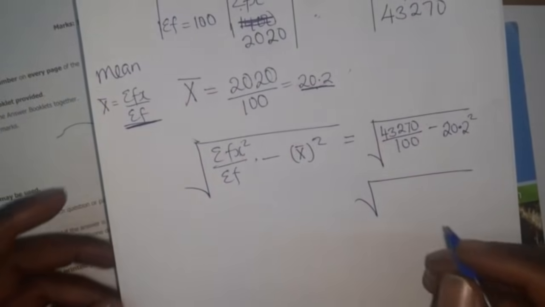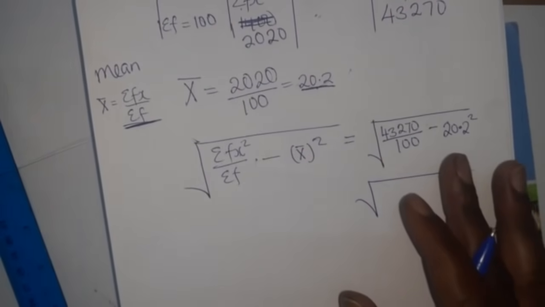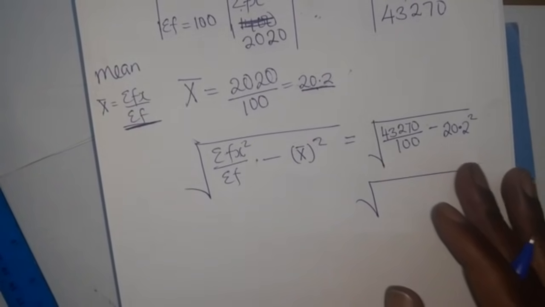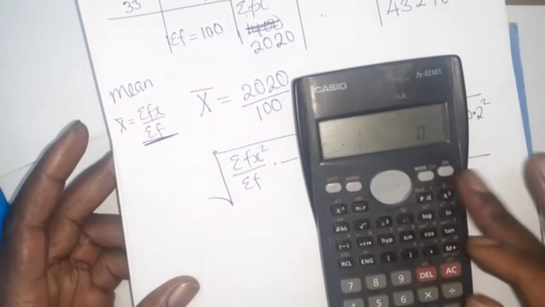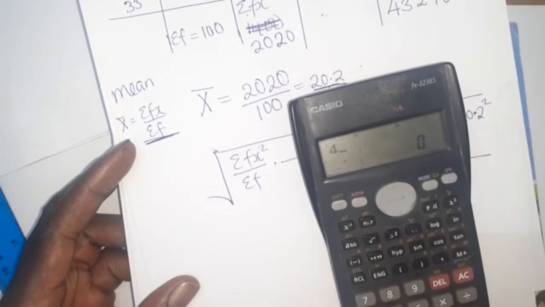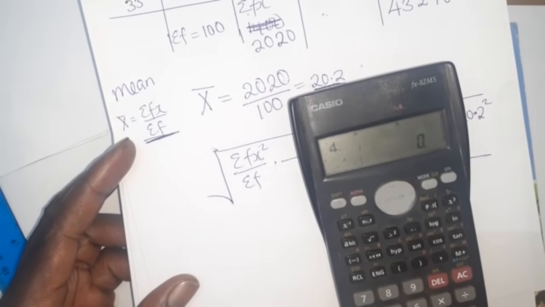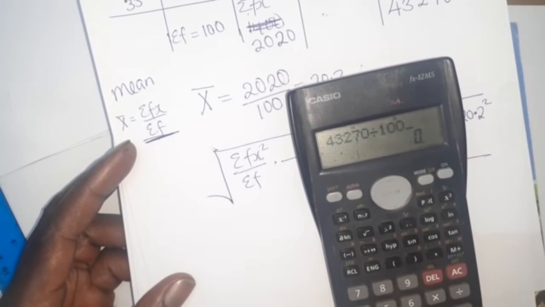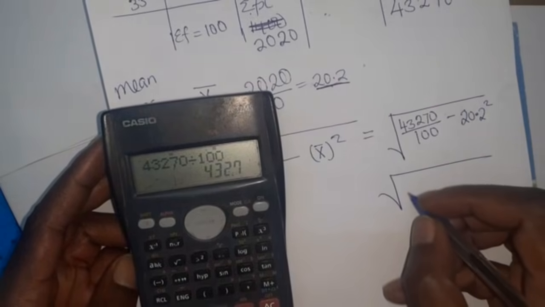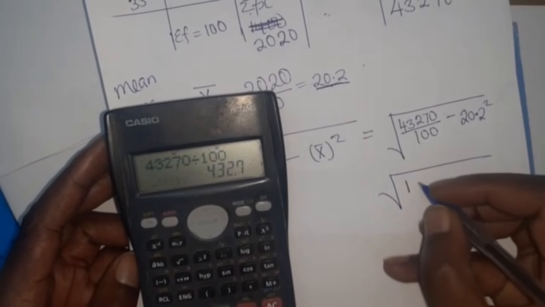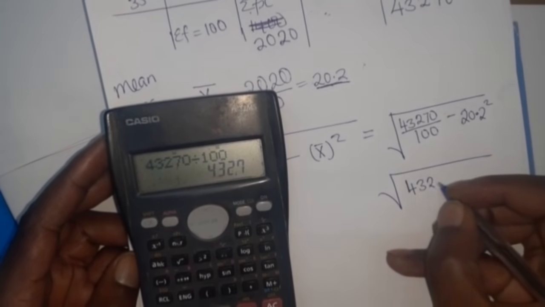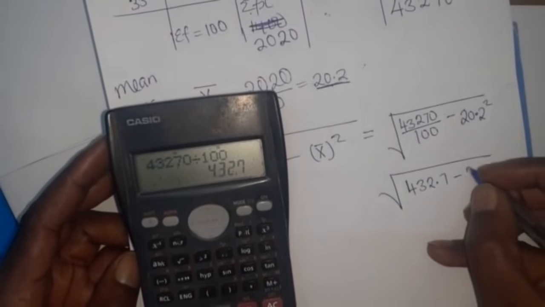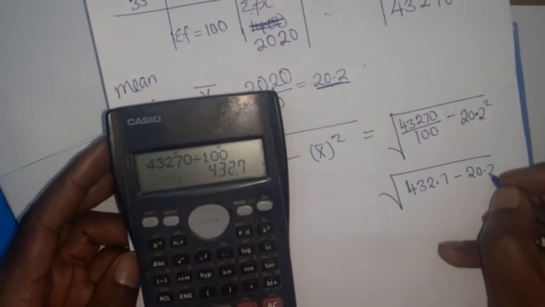You can divide this one here first. You have 43270 divided by 100. What are you getting? Here you are going to get 432.7 minus 20.2 squared.